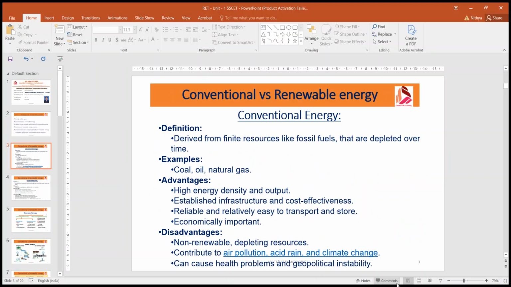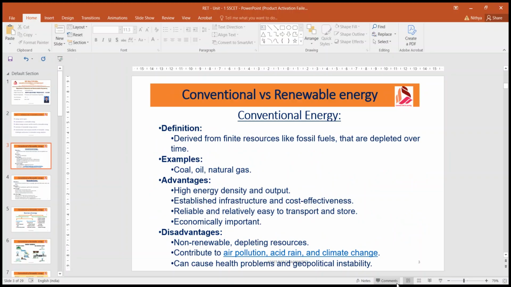The main advantages of conventional energies are high energy density and output, established infrastructure, cost effectiveness, reliability, and being relatively easy to transport and store, so they are economically important.